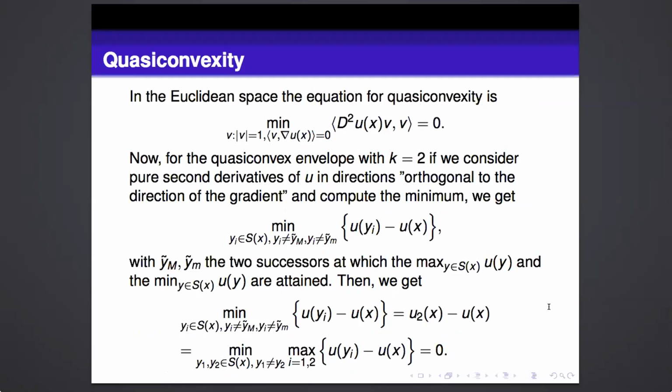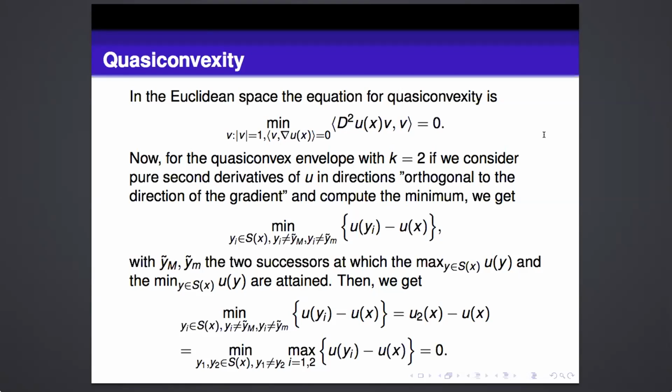Now, for the Euclidean case, the equation that characterizes the quasi-convex envelope is this curious equation that holds in the viscosity sense. So you take at every point, you compute the Hessian, you compute the gradient of the function, if the function is smooth, and then you compute for directions orthogonal to the gradient all possible second derivatives.